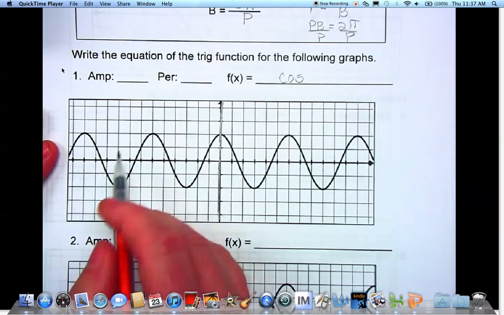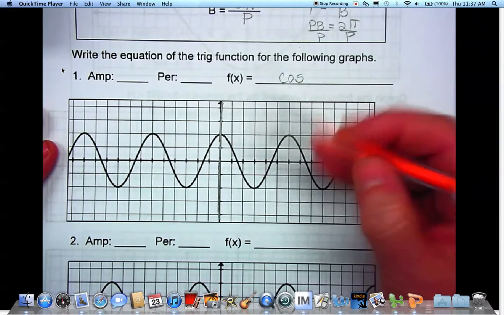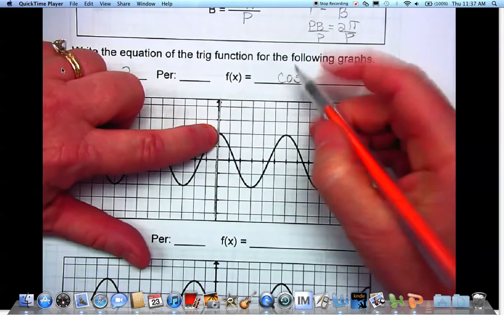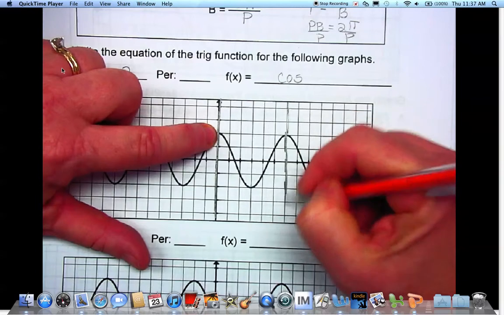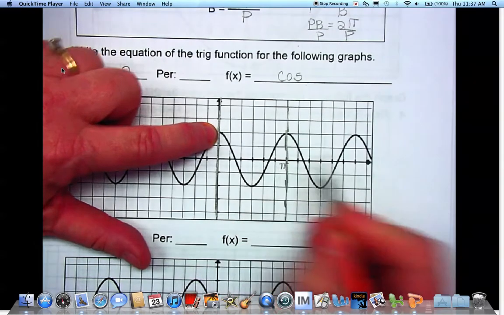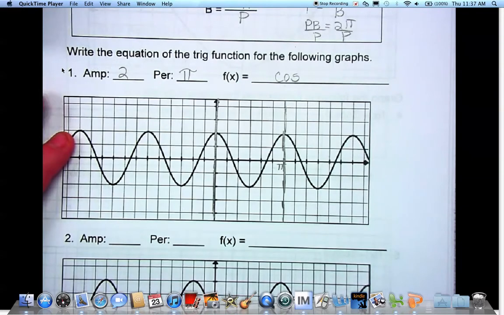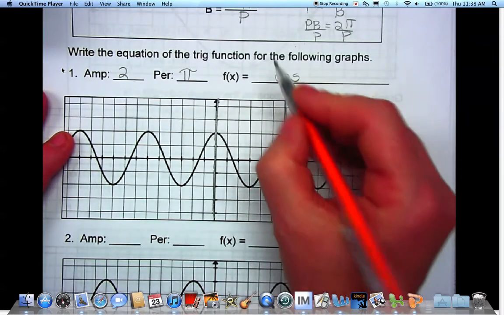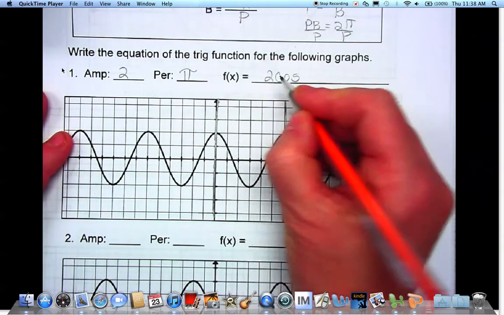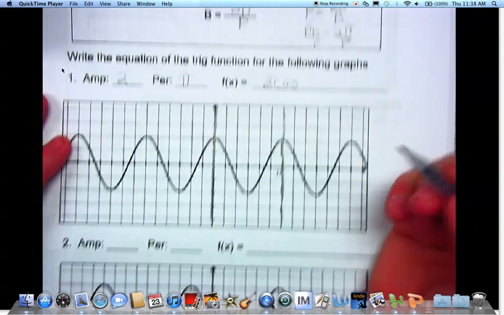And then the amplitude. What would the amplitude be? 2 up and 2 down. Amplitude is 2. One complete cycle is how long? 1, 2, 3, 4, 5, 6. That's pi, isn't it? So the period is pi. Now the amplitude goes in front of the cosine, and it's positive, so we'll leave it as positive 2 cosine of bx.